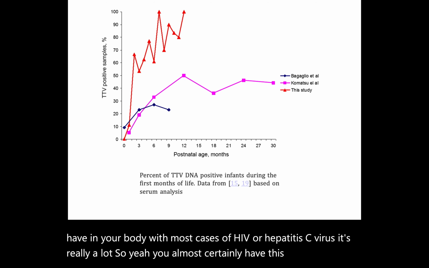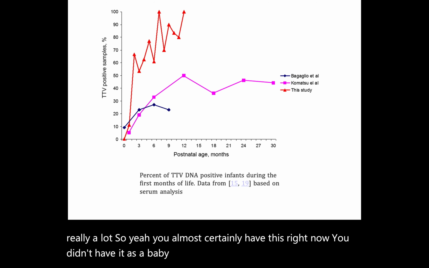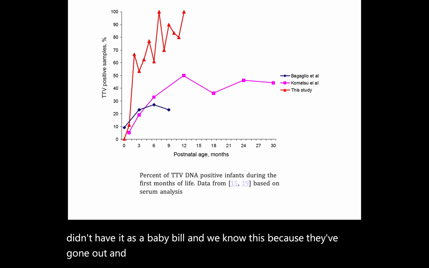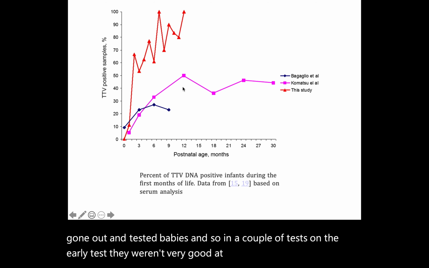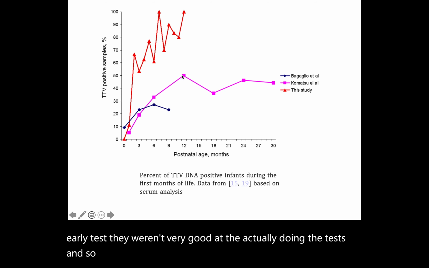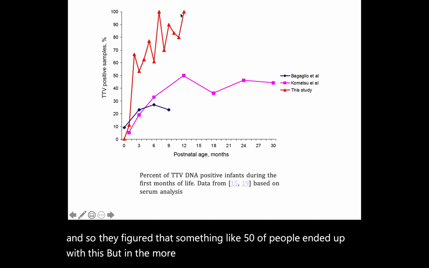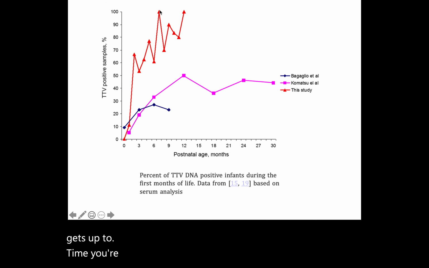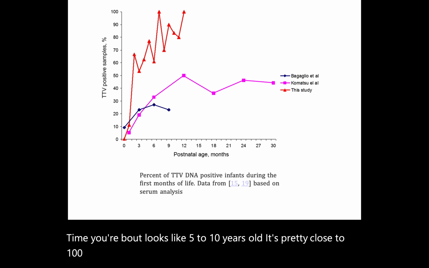You didn't have it as a baby, though. And we know this because they've gone out and tested babies. In a couple of the early tests, they weren't very good at actually doing the test, and so they figured that something like 50% of people ended up with this. But in the more recent tests that they've done, by the time you're about 5 to 10 years old, it's pretty close to 100% of people who will be TTV positive.